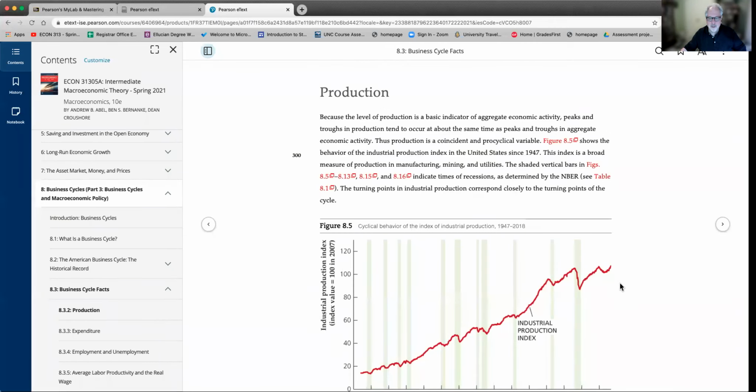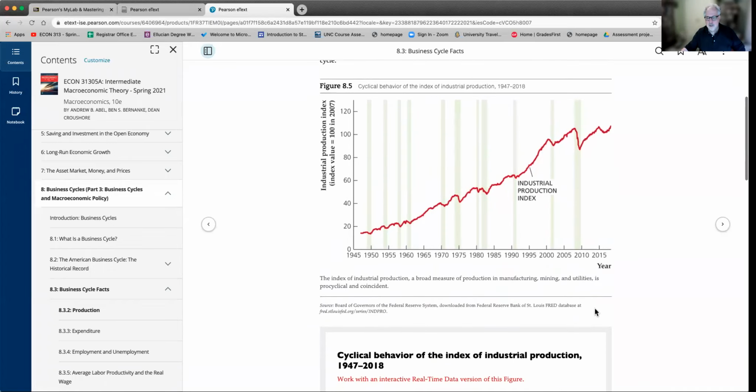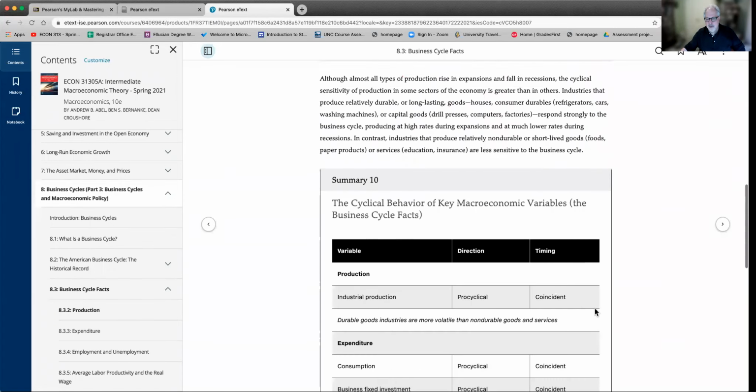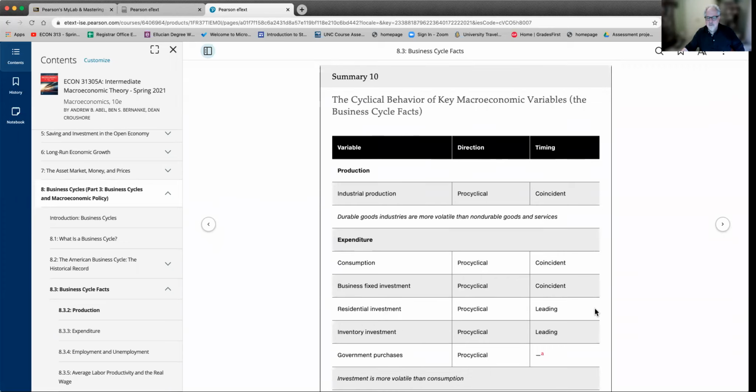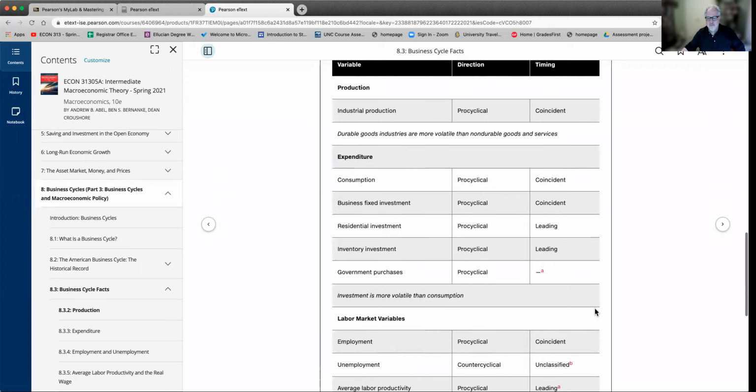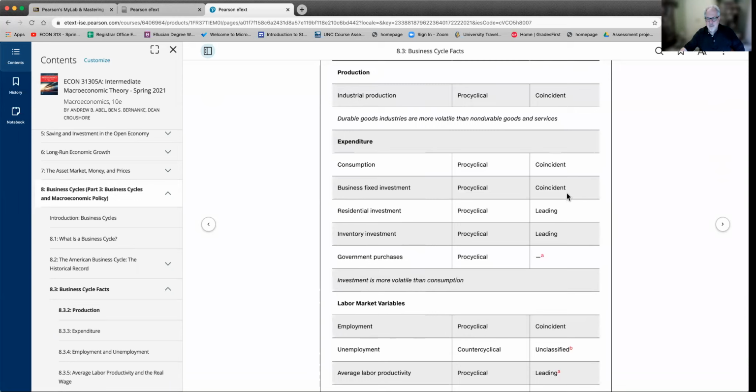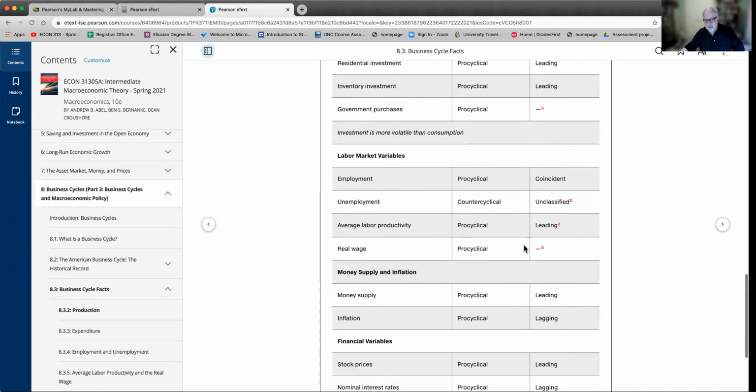It goes through production. You can use the industrial production index, or you can use real GDP. And so here's a whole slew of different kinds of macroeconomic variables, and whether they're classified as pro-cyclical or counter-cyclical. And you could talk about lagging and leading as well.